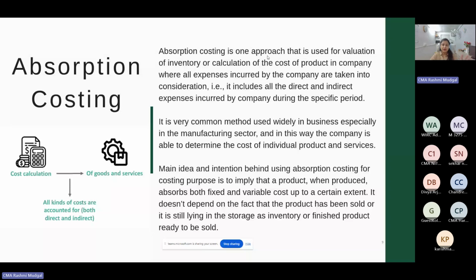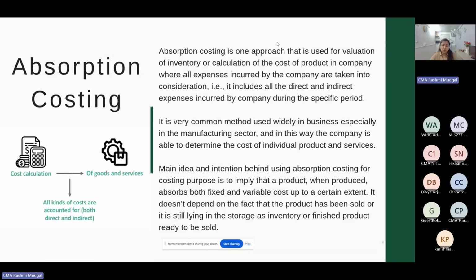We accept the marginal costing method as per the contribution, but in absorption costing, we actually allocate the fixed cost also over the goods. It is a very common method used in business, especially in the manufacturing industry, to determine the cost of individual products and services.